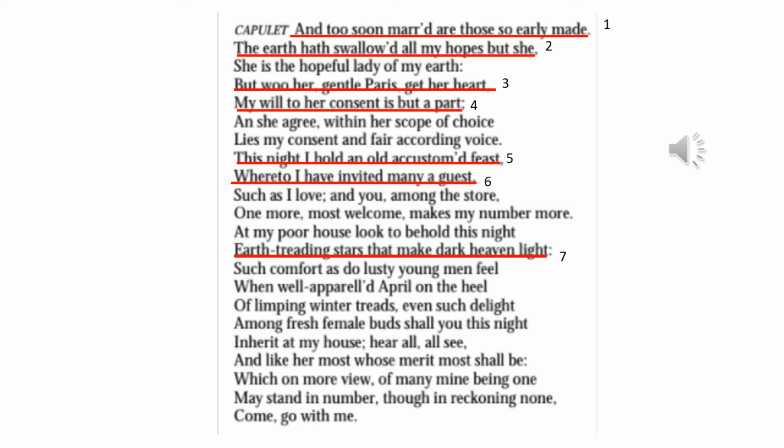Line 4, my will to her consent is but a part. So consent means to agree to it. Capulet here shows himself to be a bit of a modern father actually for Elizabethan times, as he seems to be suggesting that it's not just down to his will, his decision, who Juliet marries. That's only a part of it.